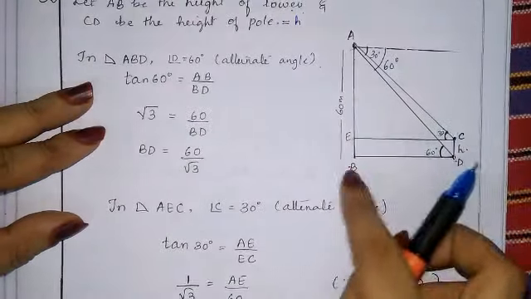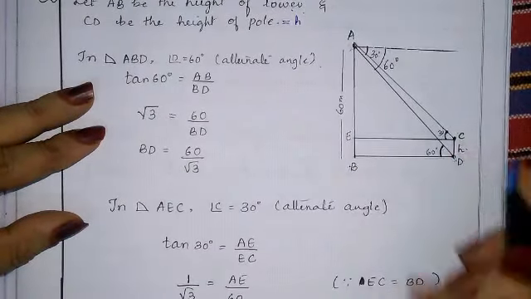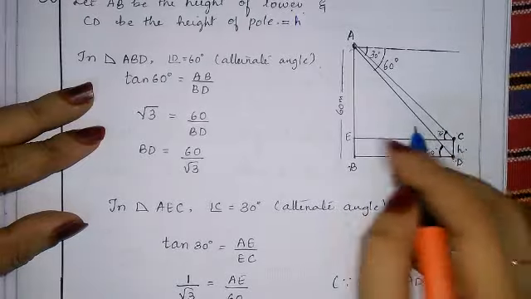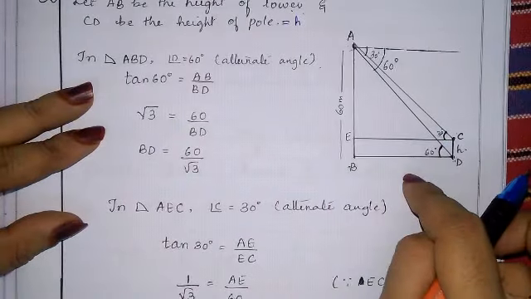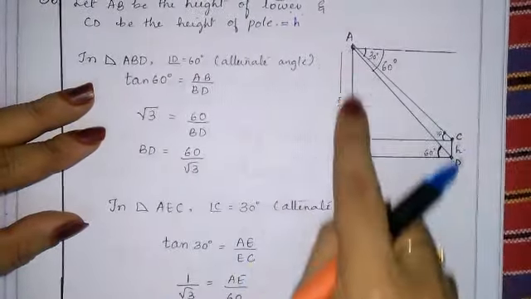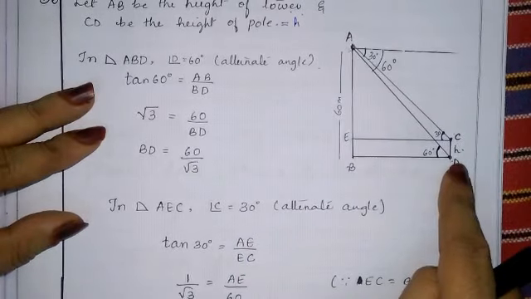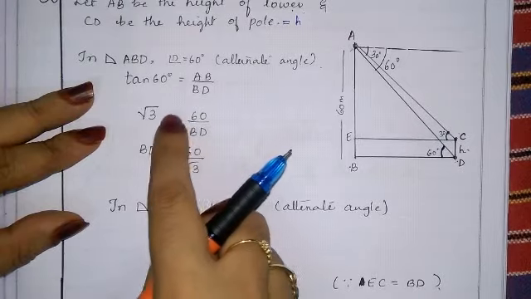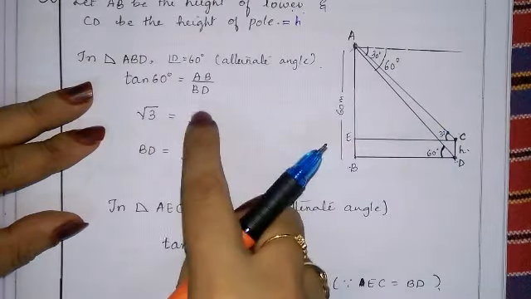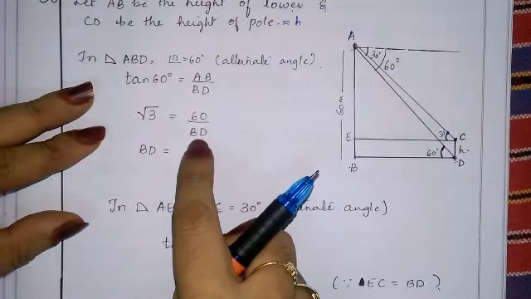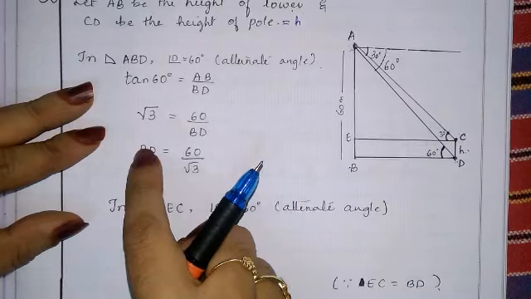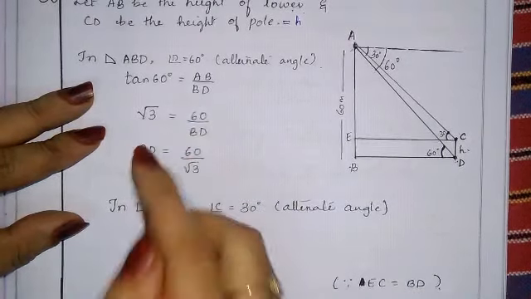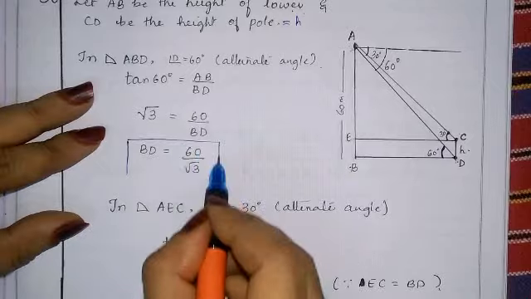So in triangle ABD, tan 60 degree, tan is opposite upon adjacent, is equal to AB upon BD. The value of tan 60 is root 3, equals AB, which they have given as 60, upon BD. So BD is equal to 60 upon root 3. So we got the side BD.